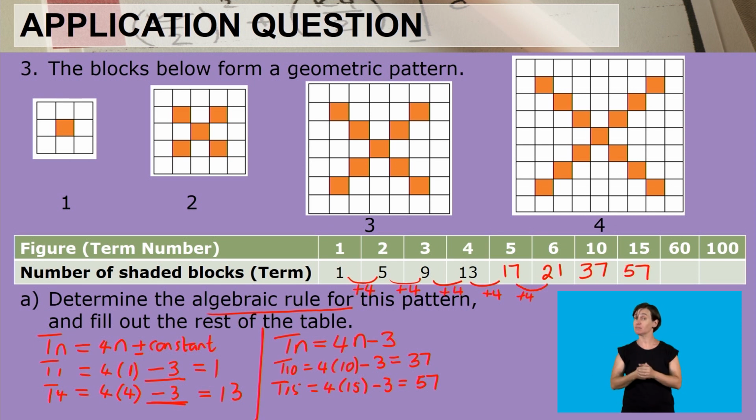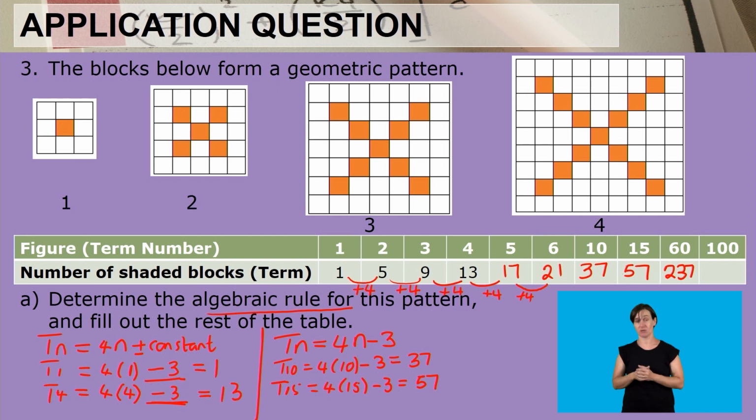What about the 60th term? Remember, all we need to do is just multiply by 4 and subtract 3. So 60 multiplied by 4 is 240. And when we subtract 3, it's going to be 237. Then what about the 100th term?